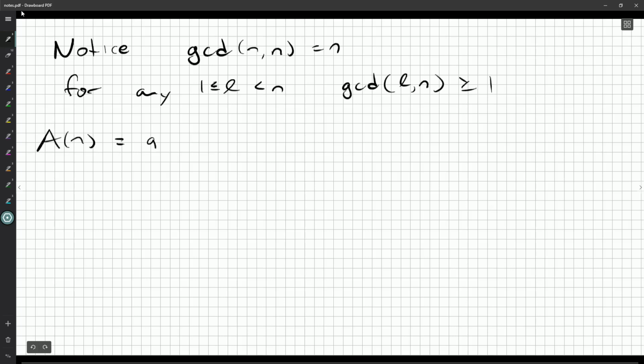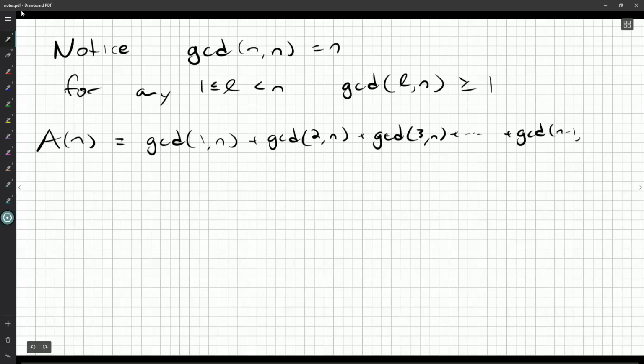So A of n is GCD of 1 and n plus GCD of 2 and n plus, we'll write in another one, GCD of 3 and n, GCD of n minus 1 and n, GCD of n and n.